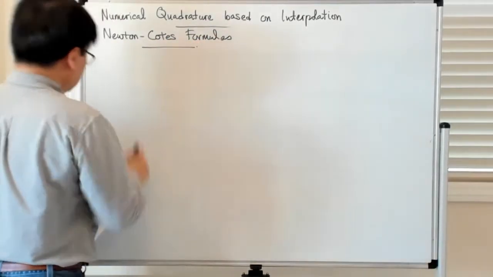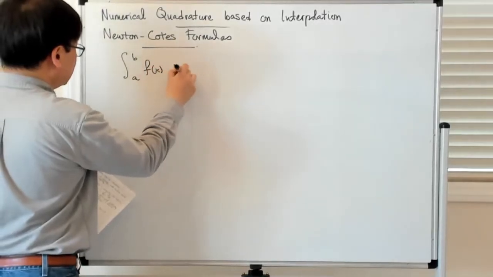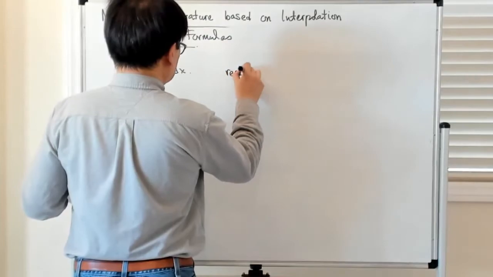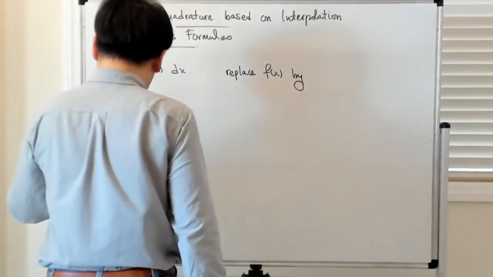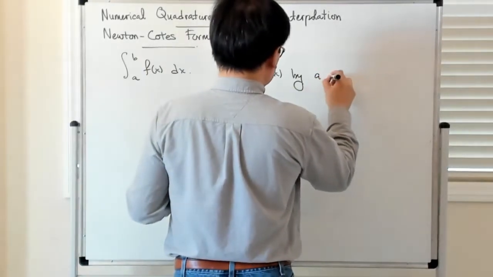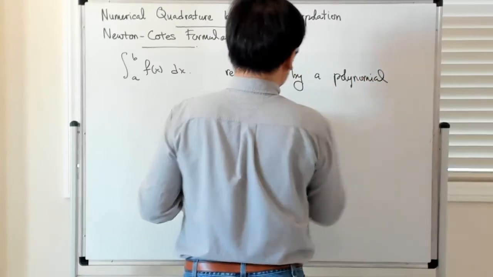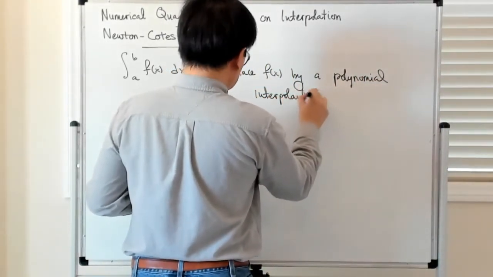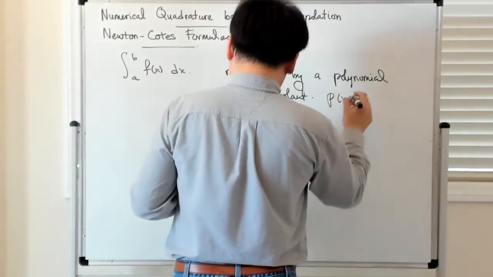So you have an integral from a to b of f of x dx, and you replace f of x by a polynomial interpolant. Let's call that p of x.